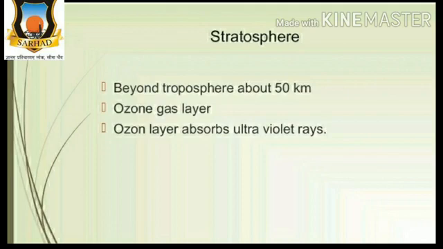See students, ultraviolet rays coming from the sun are harmful for living things. But what is the work of the ozone layer? That ozone layer absorbs those ultraviolet rays and protects the living world from those rays.